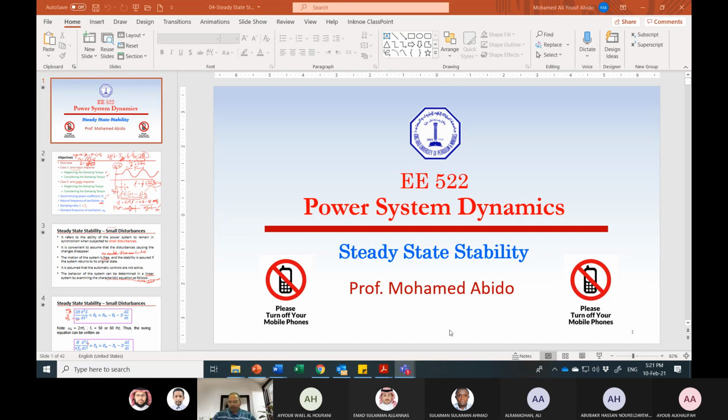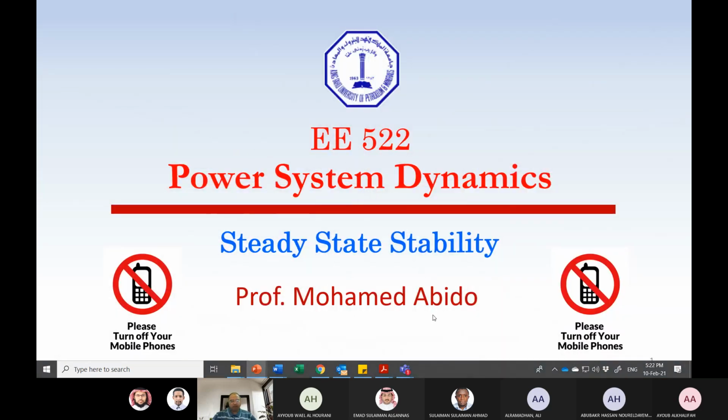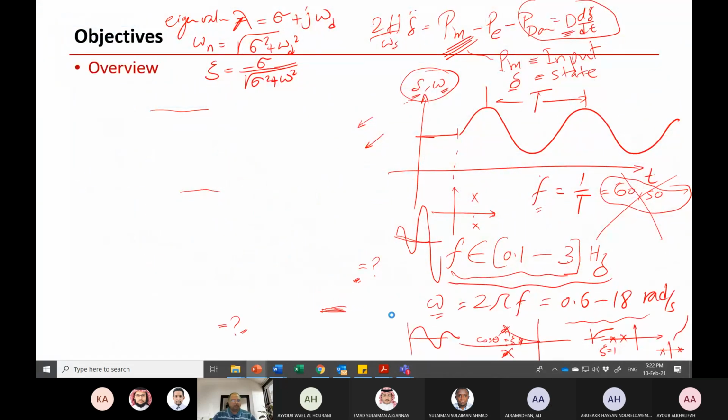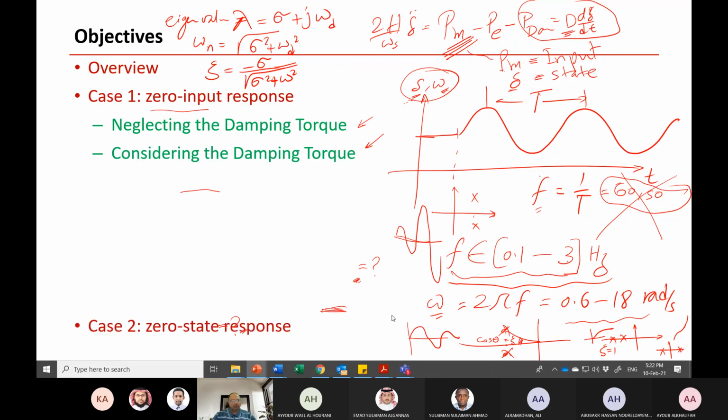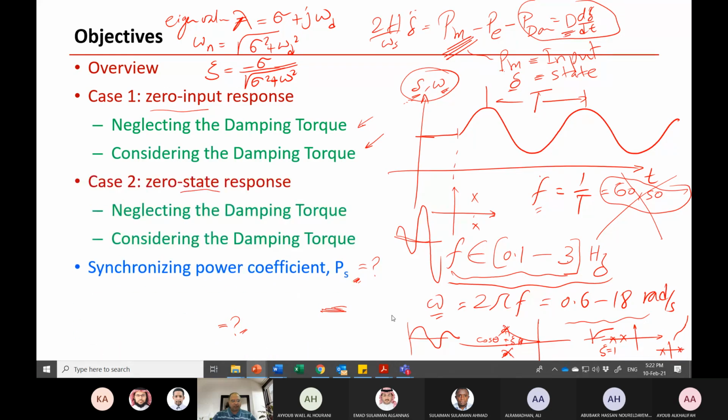Here, in a steady state stability, the system can be linearized around the operating condition, and we have zero input and zero state, and we will discuss both cases if we have neglecting the damping torque and swing equation, or considering the damping torque and swing equation.